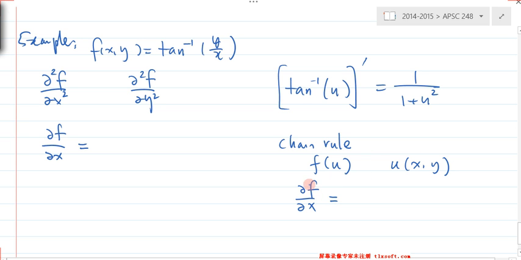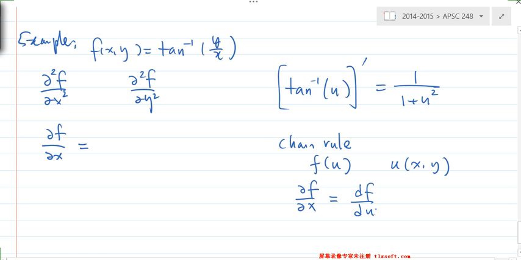And you want to get partial f over partial y. So the chain rule applies like this: you take the derivative of f with respect to u first. But look at this one here. If it's just f of u, that's actually a single variable function, right? So you don't need to use that partial d.